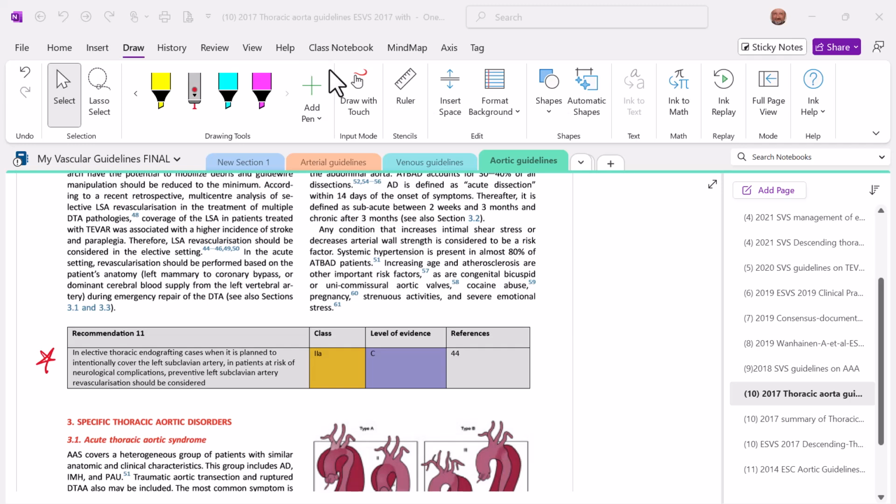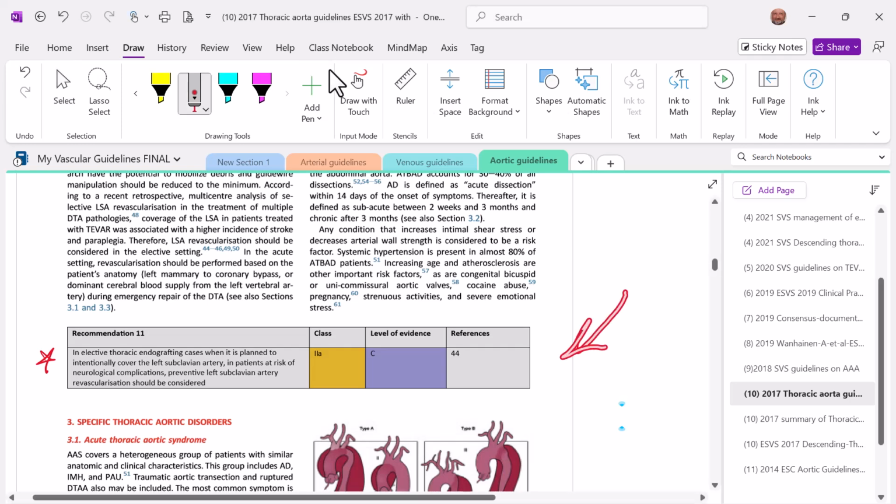Now here is important recommendation number 11. In elective thoracic endografting, TEVAR cases, where it is planned to cover the left subclavian artery, in a patient at risk of neurological complication, left subclavian artery revascularization should be considered.